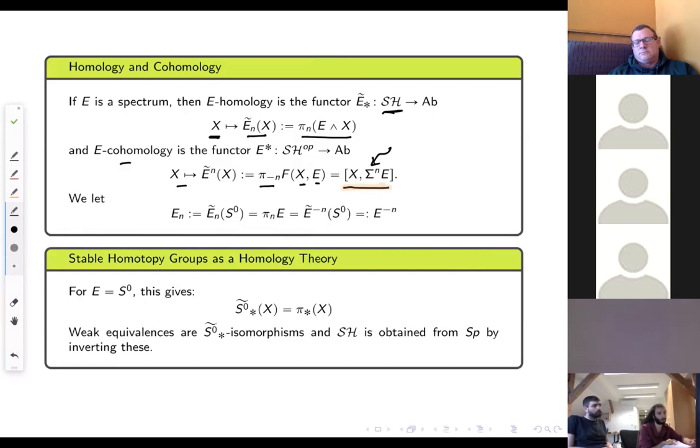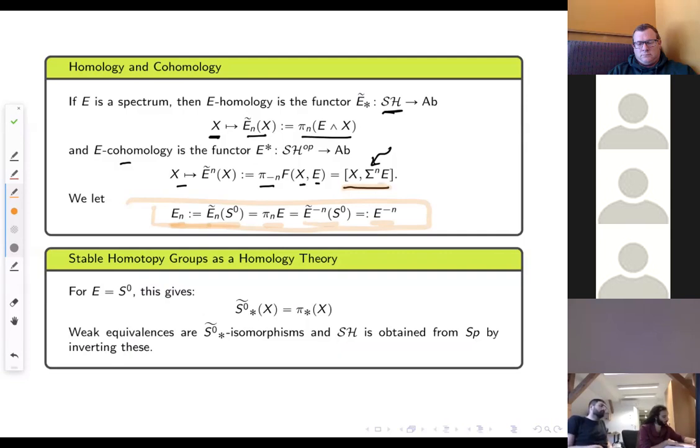Common notation: E sub n is the reduced homology of the sphere. By definition, it's pi n of E. You can also see that it's the minus n cohomology group of the sphere, and we call this group E minus n. This is notation people use just to declutter things.